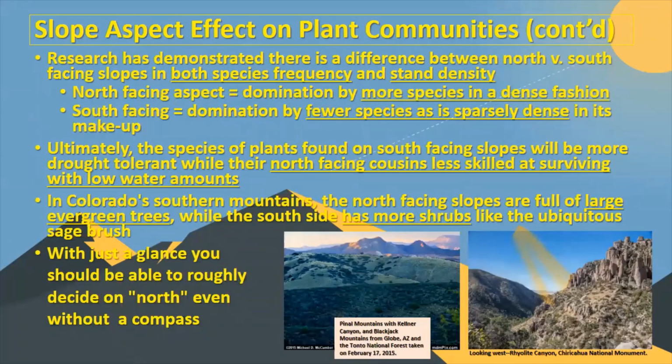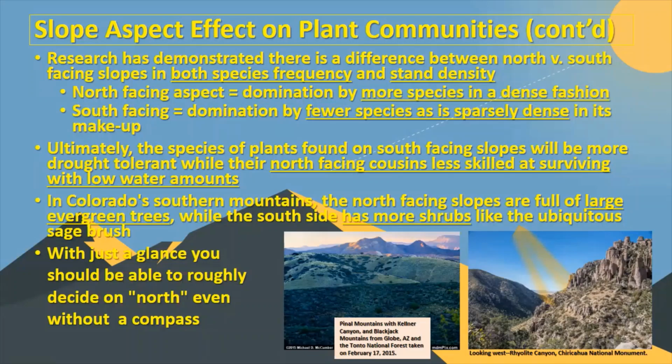So there's different plant communities, of course, that pop up, and we're going to start looking at them, and you're going to find out that if you look at the different slopes, there's going to be a certain species frequency and a certain stand density. So how many species you have, and then how dense is that species occurrence.